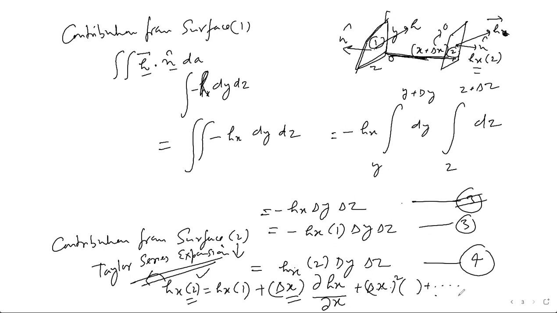So now if I say this is my equation 5, then you can see how you can write your contribution from 1 plus 2, the total. The contribution from 1 and 2 was something like hx2 minus hx1, times delta y and delta z, right?